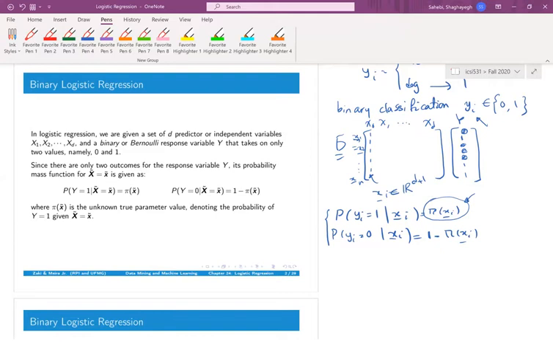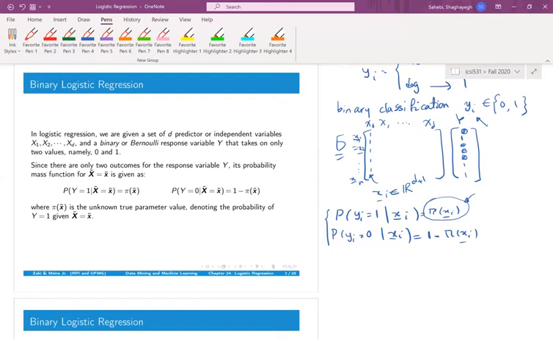Now that we are looking at binary logistic regression and we have learned about linear regression and kernel regression, we can pick the pi to be of a regression kind of function.